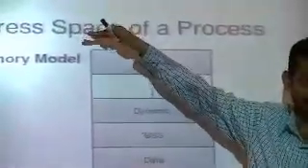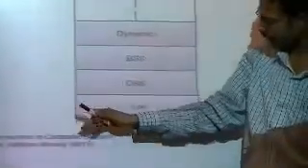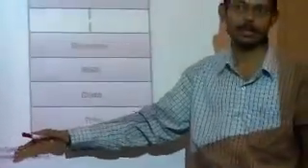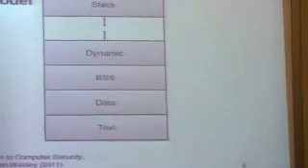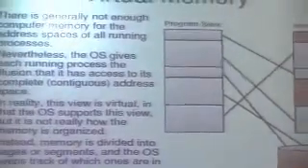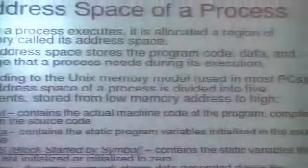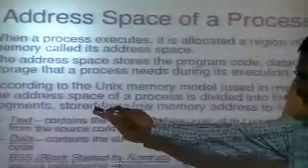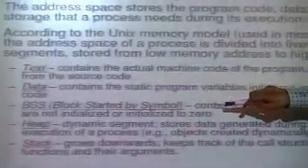So if you look at this, among these 5 regions, the stack is always the high end of a process address space and this is the lower end. We will come back to this when we look at buffer overflow attacks, especially the stack and the heap. But now let's just look at what each portion contains.